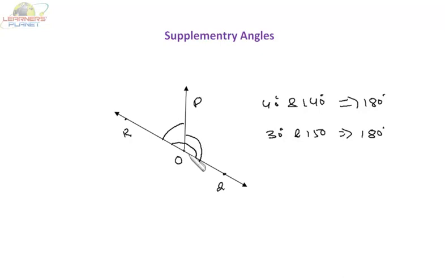So angle POQ and angle POR, that means plus, that is 180 degrees. That means both of them are supplementary angles. We can say 90 degrees is supplementary of 90 degrees, 40 degrees is supplementary of 140 degrees, or 150 degrees is supplementary of 30 degrees.